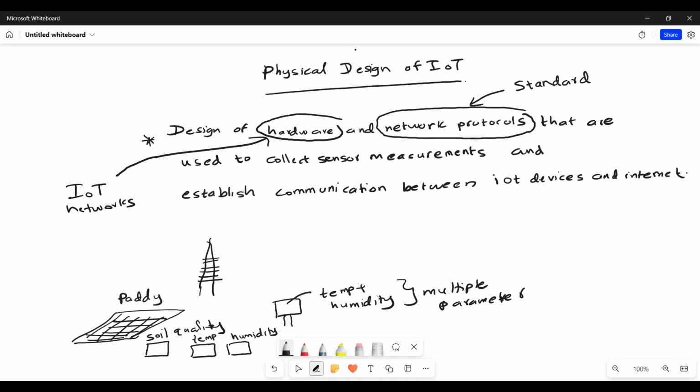The standard rules that we are following when we are transmitting data from one location to another using this protocol. So the protocol means the standard rules that we are following during that transmission of data. We will talk about the network protocols at a later instance. First of all, we will discuss the hardware components.